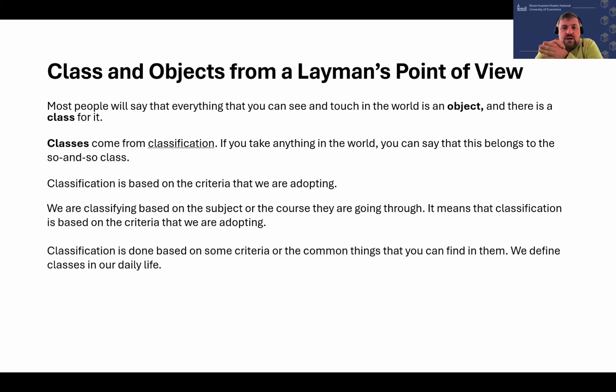It can be a truck, it can be a car, but in both cases they are vehicles, and that's like a class. So a class is a definition, and an object is an instance of this definition.